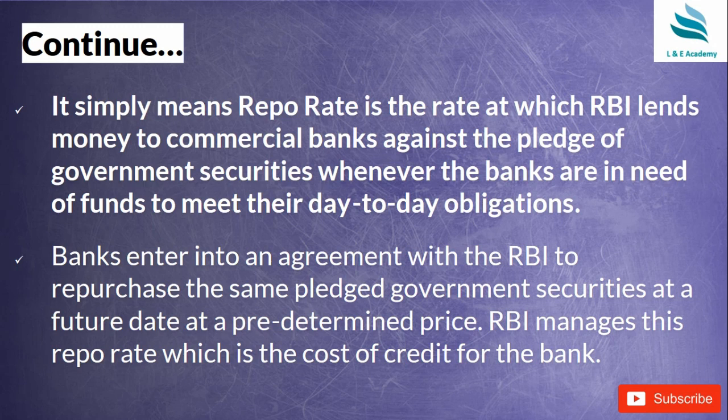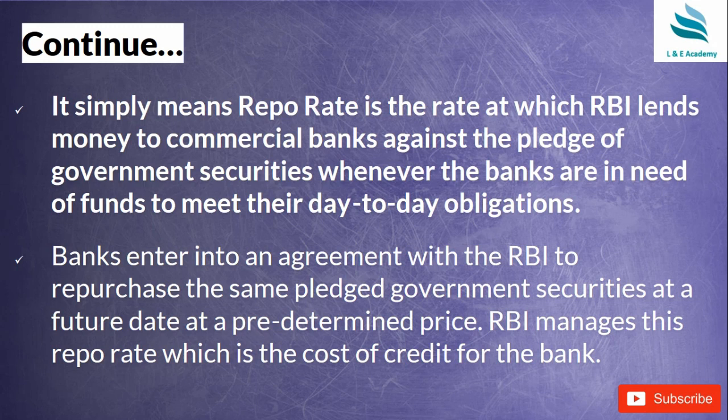Now, bank enters into this agreement with the RBI to repurchase the same pledged government securities at a future date at a predetermined price. So RBI manages this repo rate, which is the cost of credit for the bank. Now, as I've already told you, the bank will borrow money from RBI for a short period, just for 2 weeks.